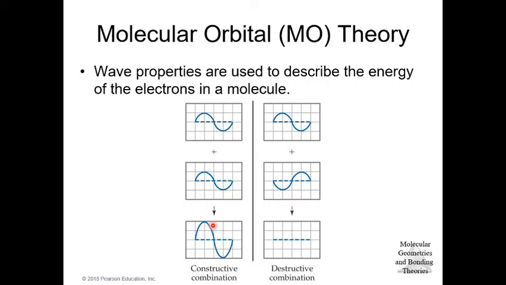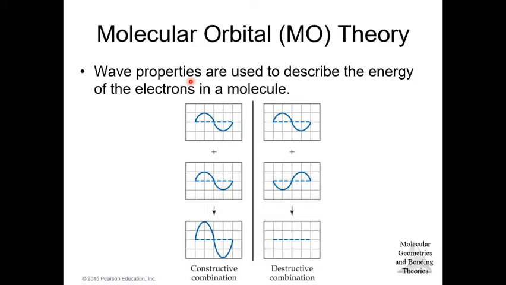When you're very large, like the size of my table or myself, the wave properties of me are not important. The wave properties of my table are not important. But when you get things that are very, very tiny, the wave properties become extremely important, like they are for electrons. So we saw in Chapter 7, I believe it was 7, on quantum theory, how electrons interfere with each other because they have wave properties.